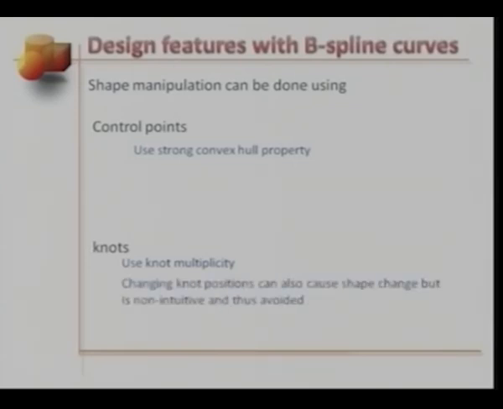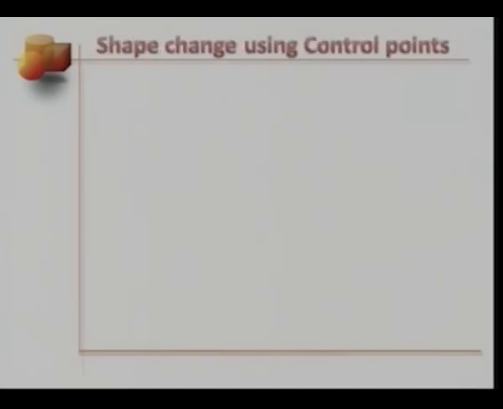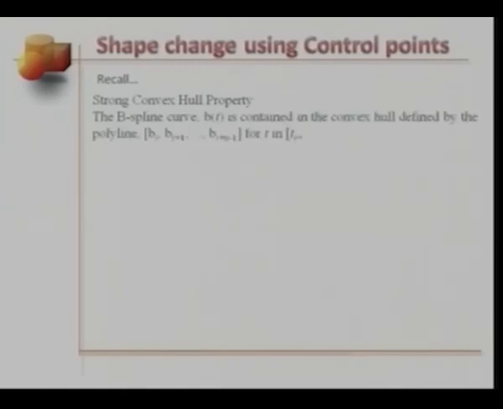We can also use the positions of knots, but that is not a good idea. Changing the position of knots can cause shape change, but it is not intuitive and therefore it is avoided. Now for the shape change using control points. Recall the strong convex hull property.